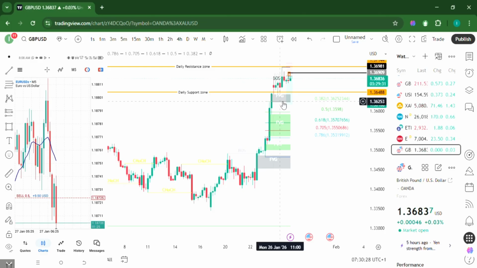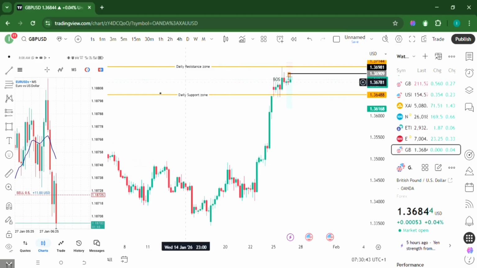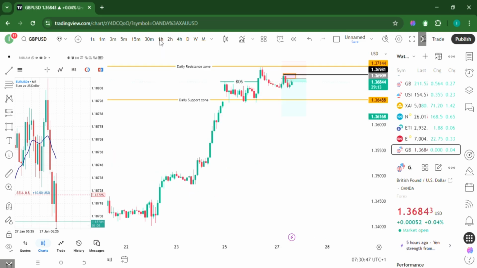So I want to be sure that price is ready to push to the downside before I take this trade. That's our confluence number 1: the SMC indicator showing us that price has interest at the lower time frame.